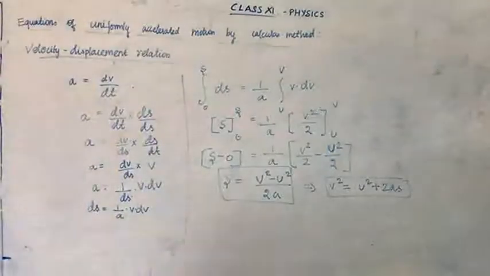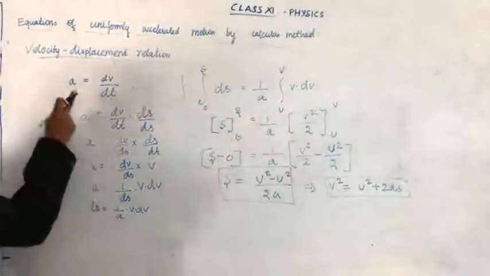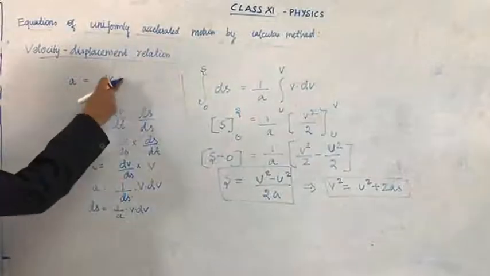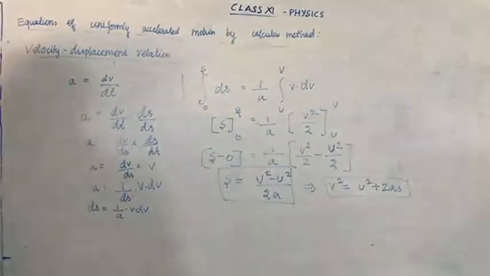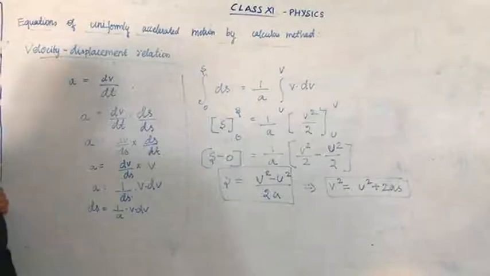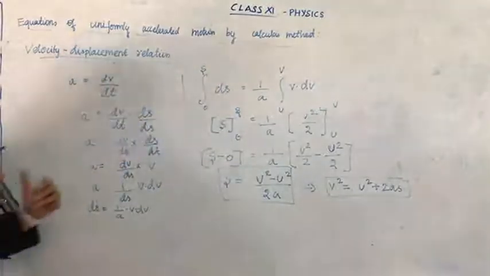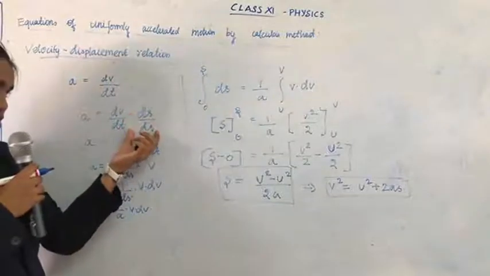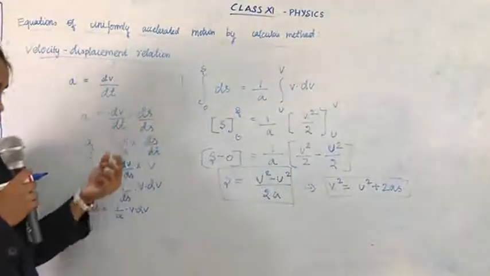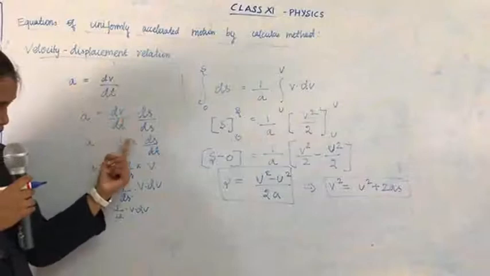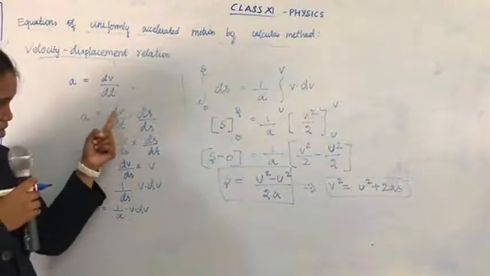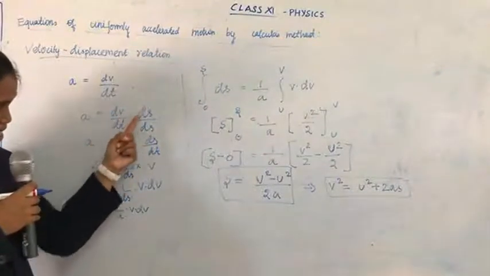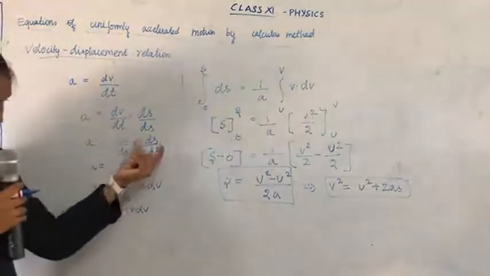Have you got it? What is acceleration? Acceleration equals change in velocity by change in time. So for calculating the equation, we are putting a term ds by ds. We have multiplied it and transferred it here. See, dv by ds comes here and ds by dt goes here. What is ds by dt?